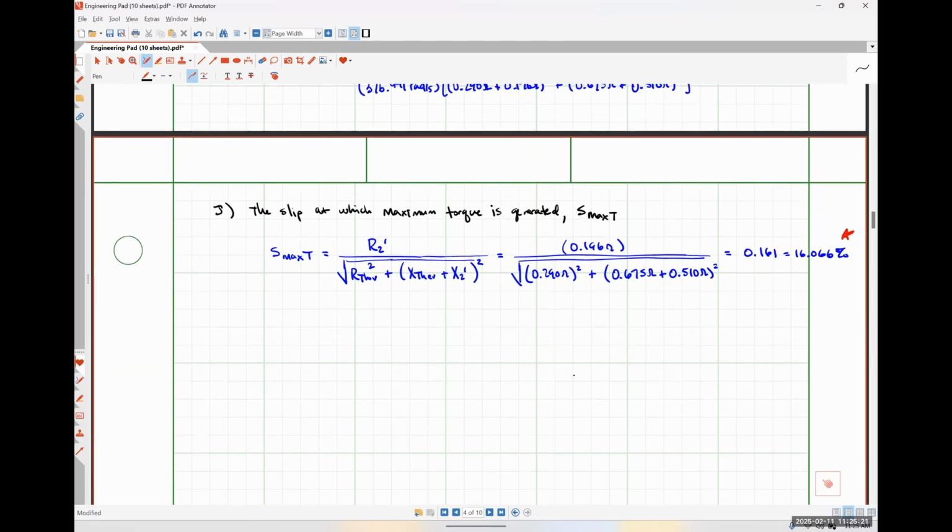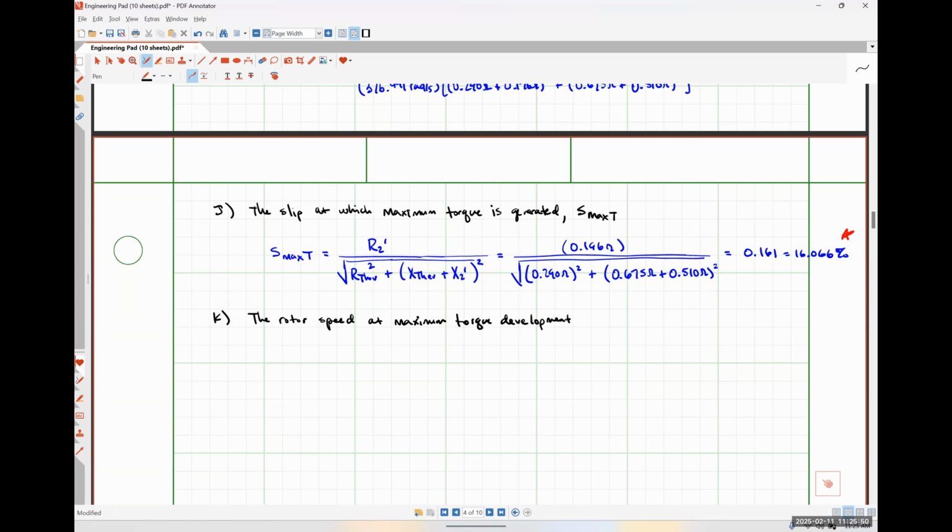All right, so part K, we're almost done. This is a fairly easy calculation. I want us to know the rotor speed at maximum torque development.